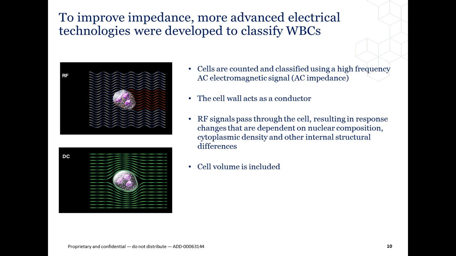The measurement of WBCs as opacity resulted in response changes due to nuclear composition, cytoplasmic density, and other internal structures of the white blood cell. In this instance of electrical detection, the WBC cell wall acts as a conductor of AC current. The signal changes are not limited to event and size. The RF measurement is still used in some hematology systems to this day.